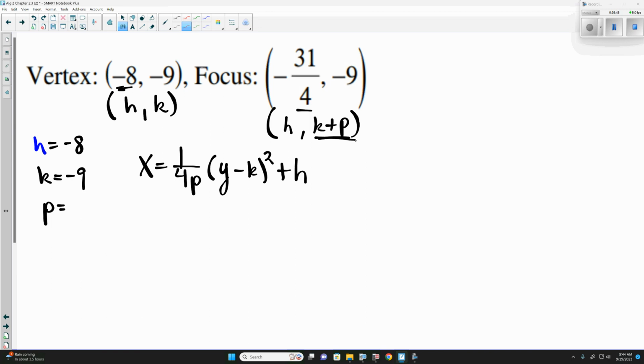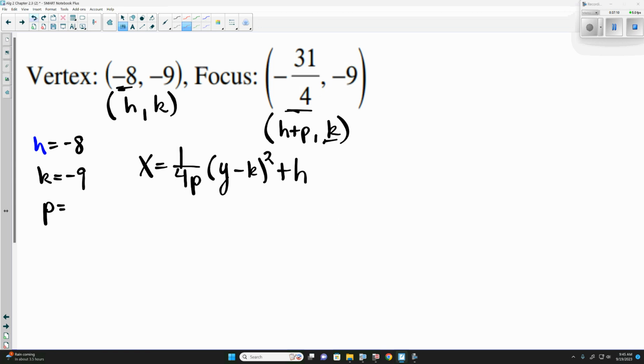Is that still saying our k value is -9? No, it's saying k plus p is -9. That's not aligning. That's not matching up. And it's also saying that h, which we said was -8, is somehow turned into -31 over 4. It changed, but we didn't change the notation of the general form.